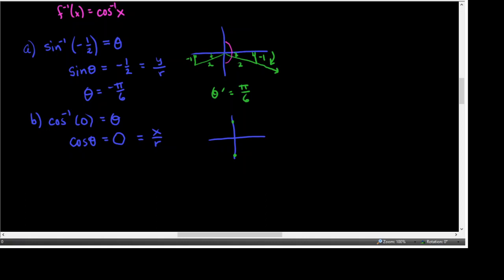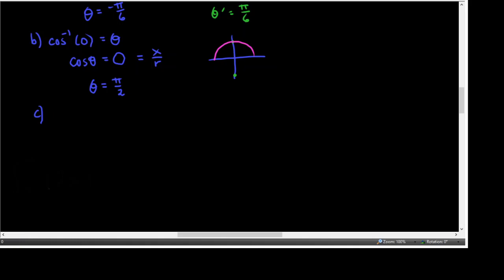And so it's either pi/2 or 3pi/2 or -pi/2 or something like that. But keep in mind, the only acceptable answer is the one between 0 and pi, and of course that's pi/2. So theta is pi/2. That's the only acceptable answer.